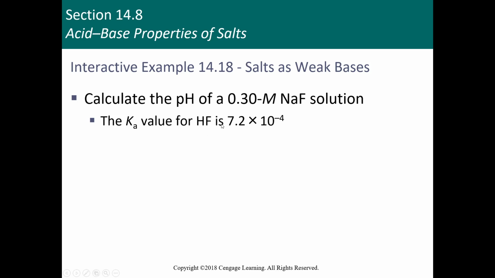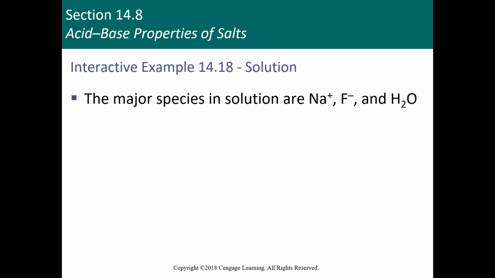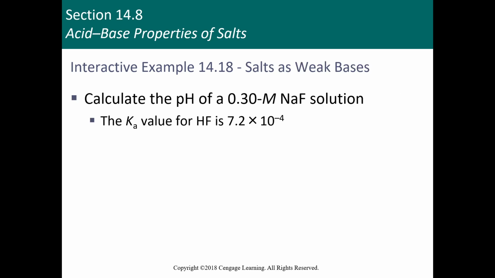And that has a Ka value of 7.2 times 10 to the negative 4. So the first thing we need to realize is this is a base problem, right? We're dealing with a base here. And that means we're going to have to convert this Ka to a Kb. That means taking the Kw divided by this number right here.